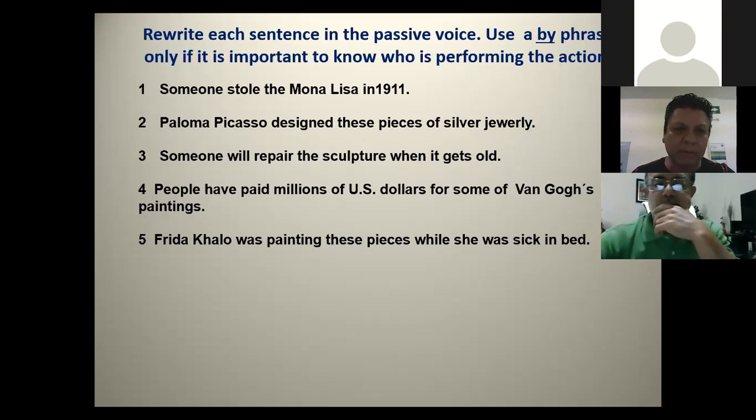It's going to be these pieces of silver jewelry were designed by Paloma Picasso. Okay, these pieces of silver jewelry were designed by Paloma Picasso. Very good. Number 3, someone will repair the sculpture when it gets old.